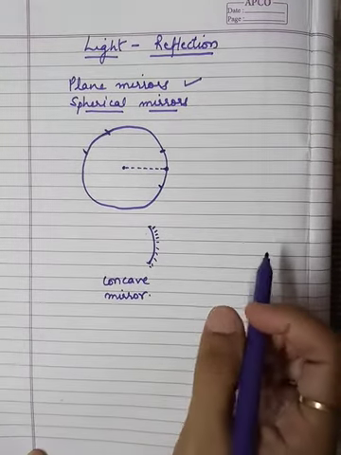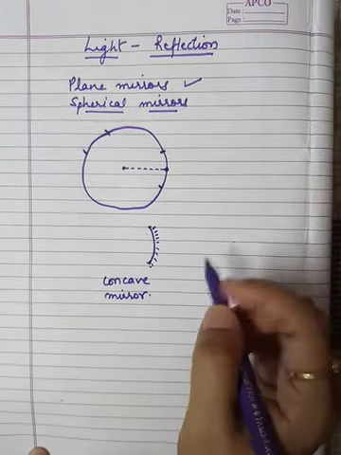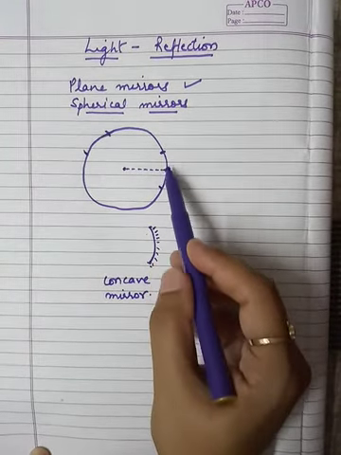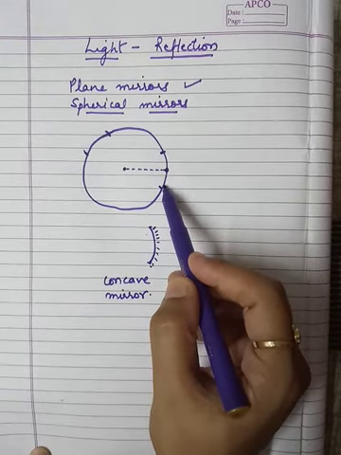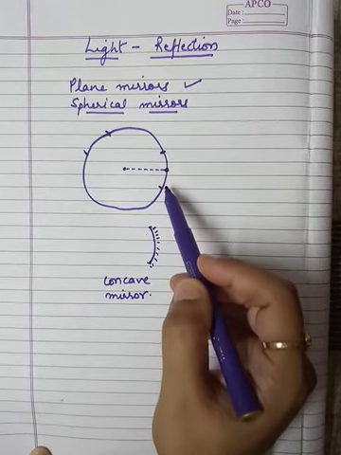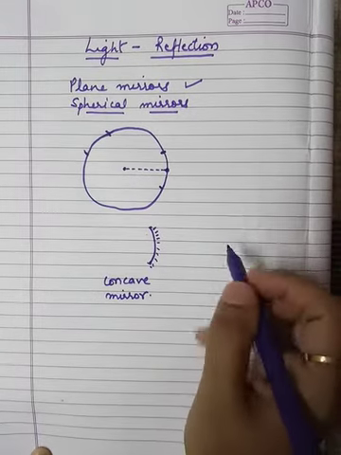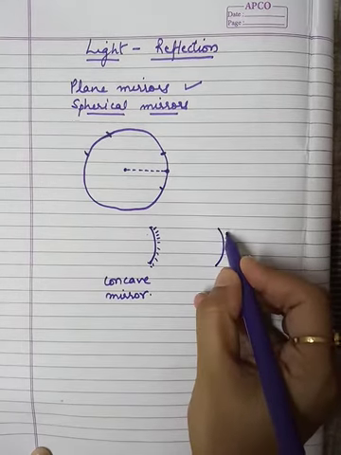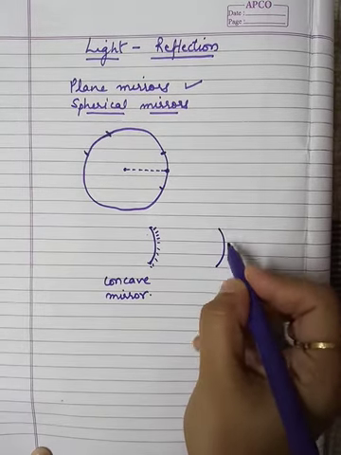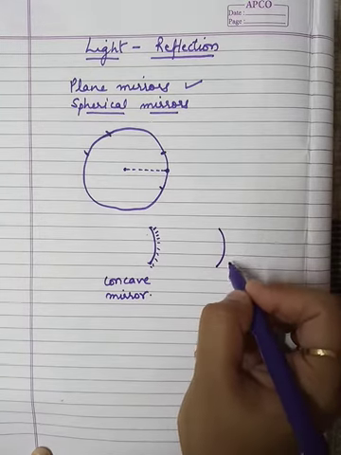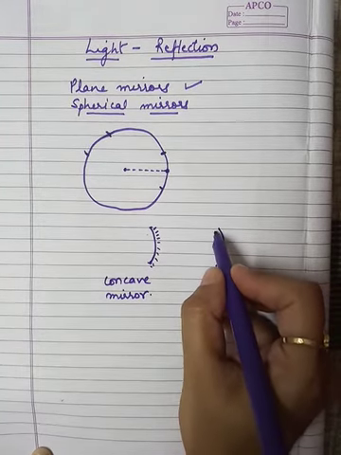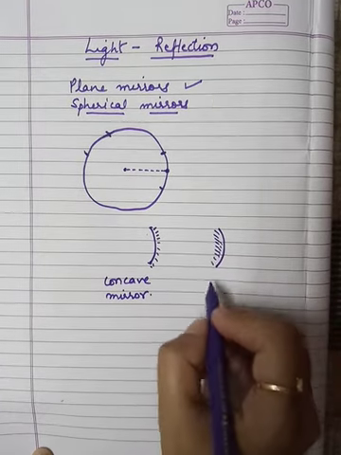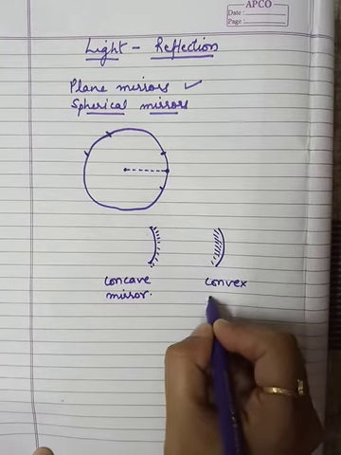Next type of mirror will be the convex mirror. Now how will it be made? The same piece of that hollow glass sphere will be polished from the other side. If it is polished from the outer side, curved outside, and painted on the inside, then it will be a convex mirror.